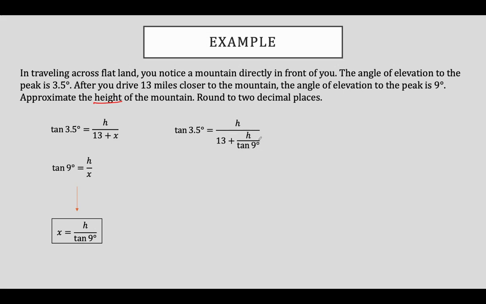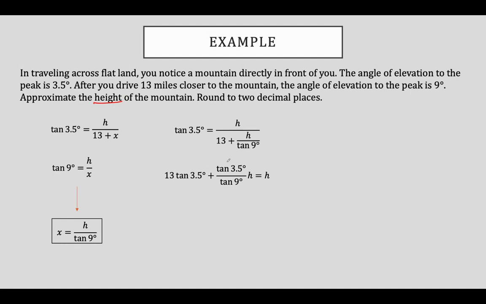We want to get it out of the denominator by multiplying it over to the other side of the equation. All right, multiplying 13 plus h over tangent 9 degrees by tangent 3.5 degrees, if I distribute, that gives me 13 times the tangent of 3.5 plus the tangent of 3.5 over the tangent of 9 degrees times h. And all of that is going to be equal to h.